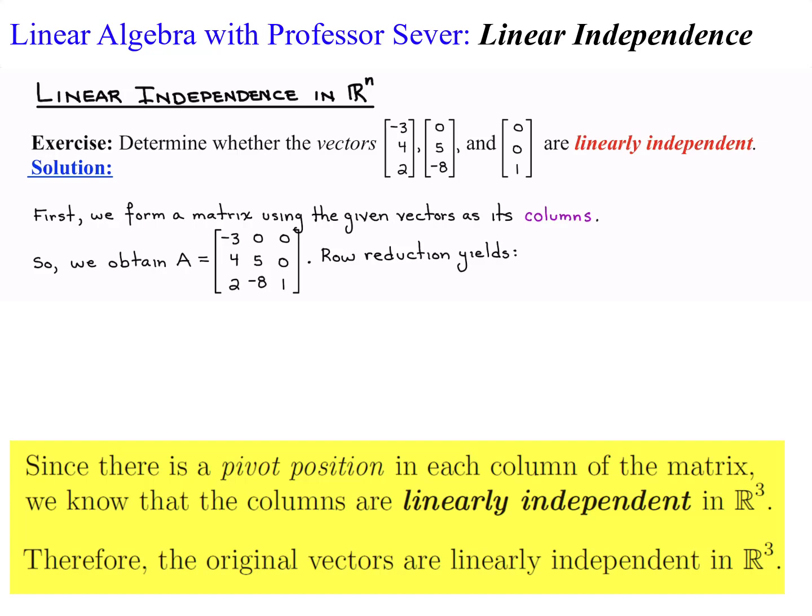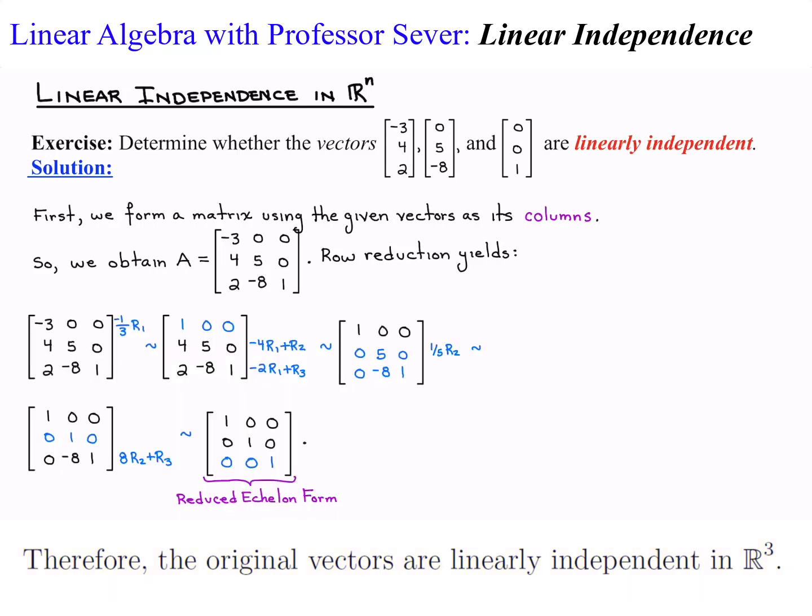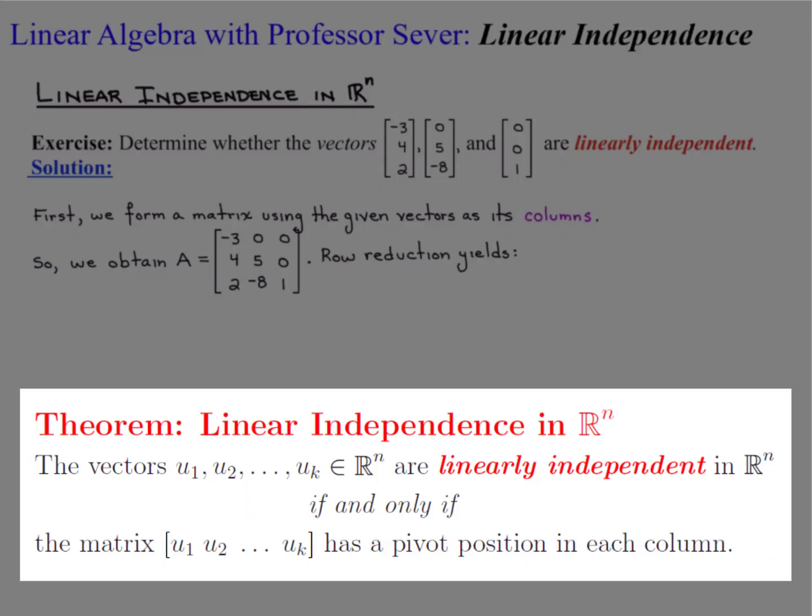You need to state that it hinges on the fact that there's a pivot position in each column of the matrix. And by doing so, what you're really doing is you are referring to the appropriate theorem which allows you to draw this conclusion. So again, the work is important.